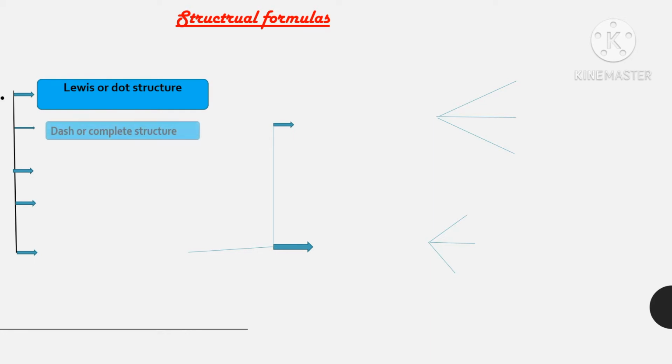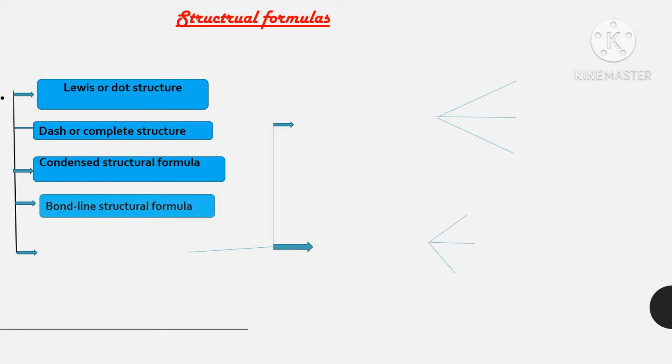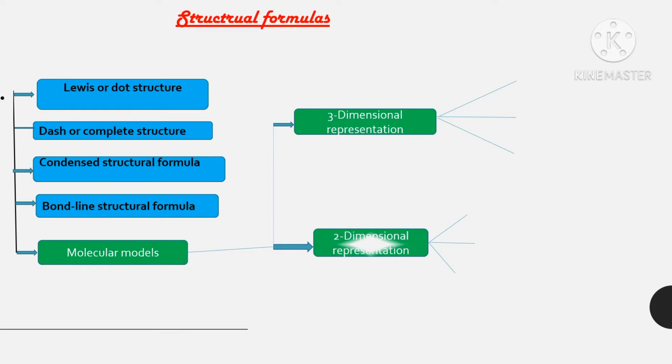First one is Lewis or dot structure, then dash or complete structure, condensed structural formula, bond line structural formula, and the last one is molecular models. Molecular models are again divided into two types. The first one is three-dimensional representation, the second is two-dimensional representation.